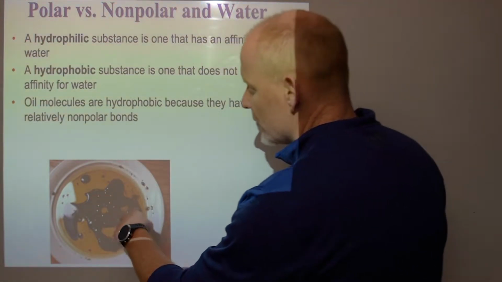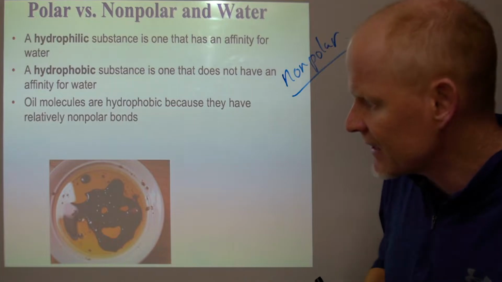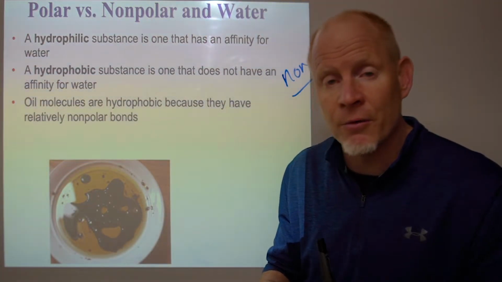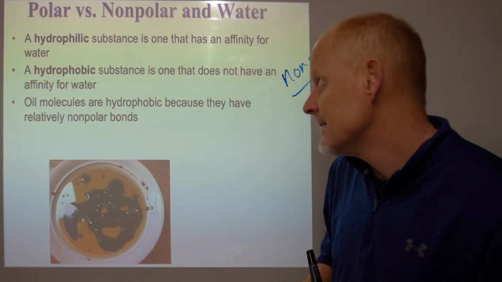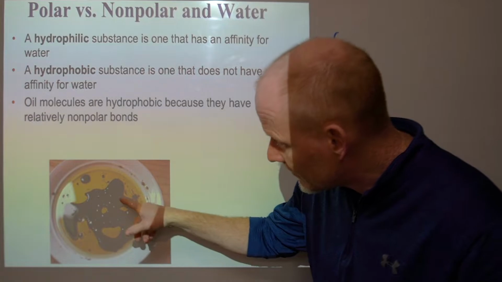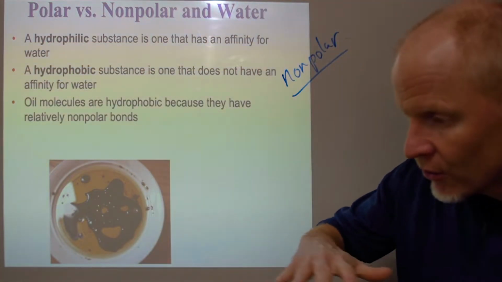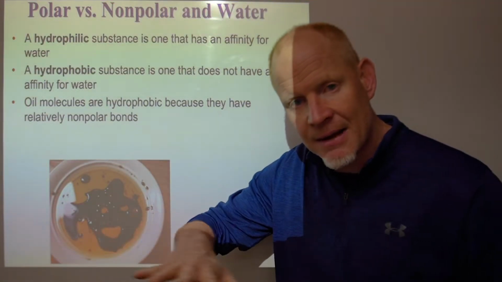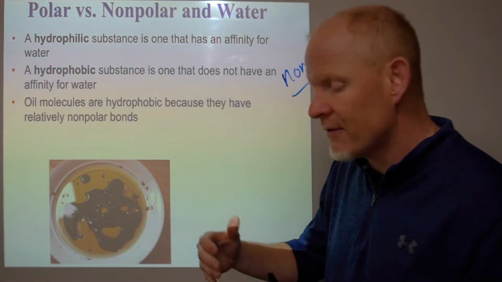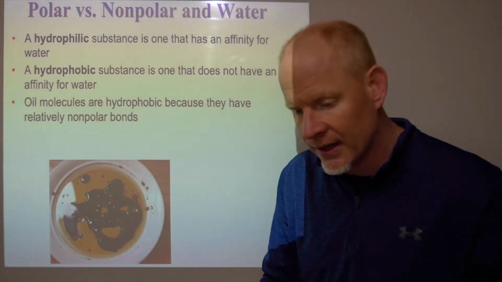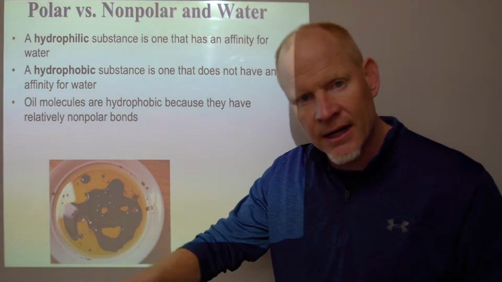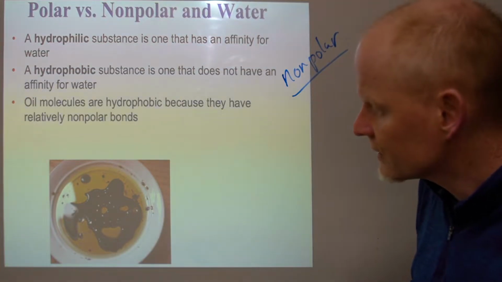Here's an example of oils. If you put vegetable oil or some kind of oil-based molecule in water, it forms oil droplets. Or you see oil slicks or gasoline on the surface of water, at a gas station if there's a puddle, or if you've gotten on a boat in a lake where you see slicks of sheen that are different colors on the surface of the water.